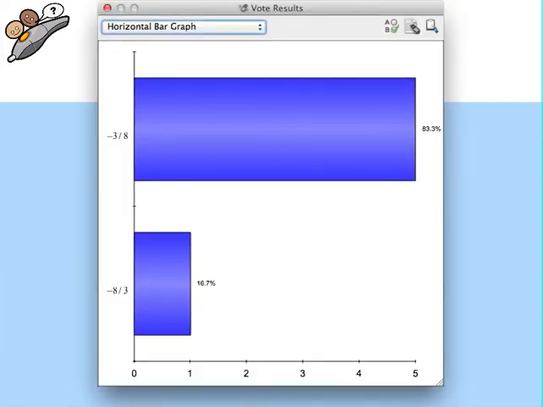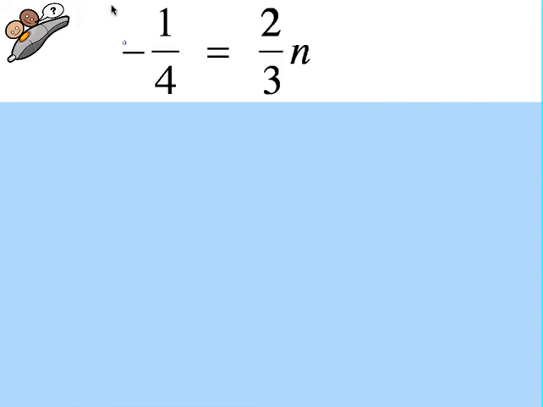And the answer is negative 3/8. Nice job. I don't know why it's not marking them correct, but on this one you needed to multiply by 3/2. So you have 3 times negative 1, which is negative 3/8.